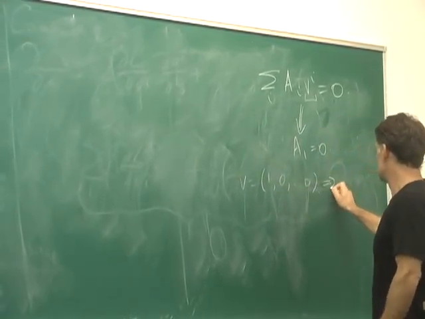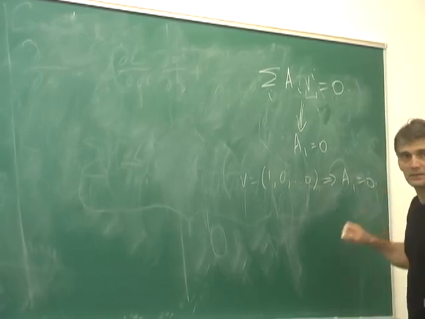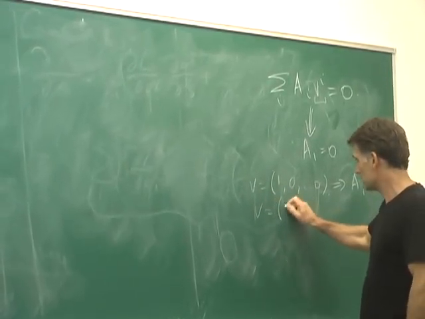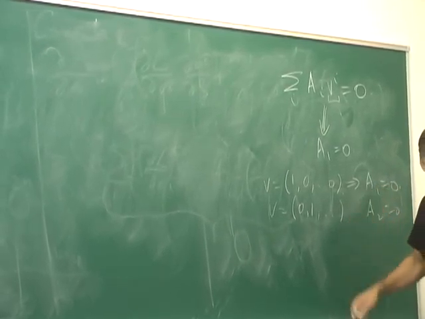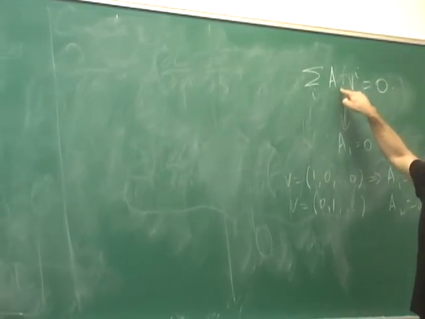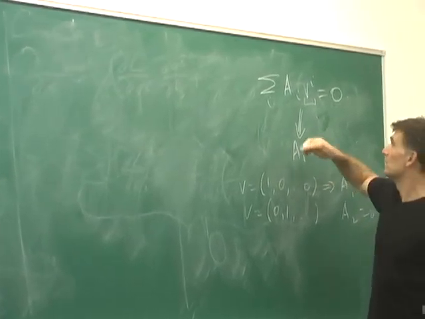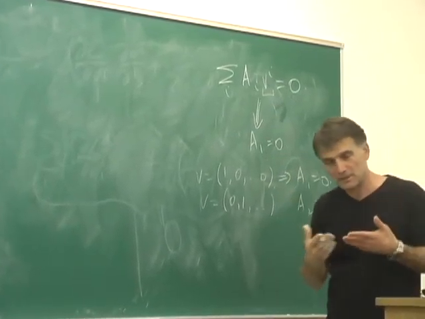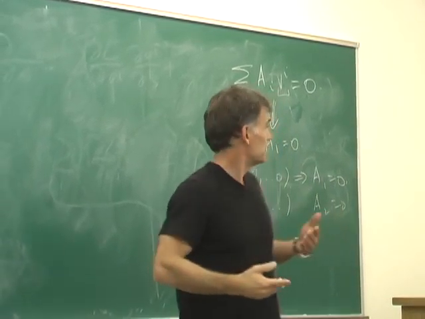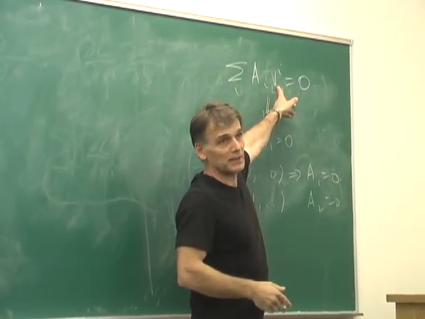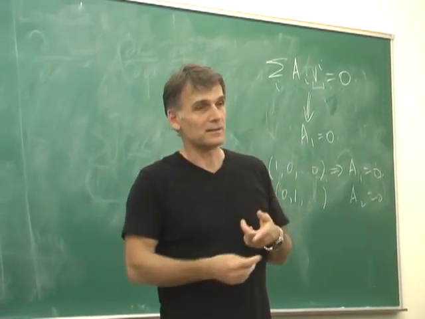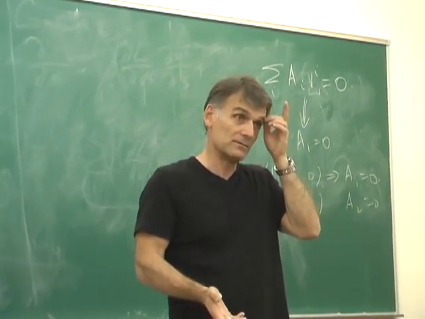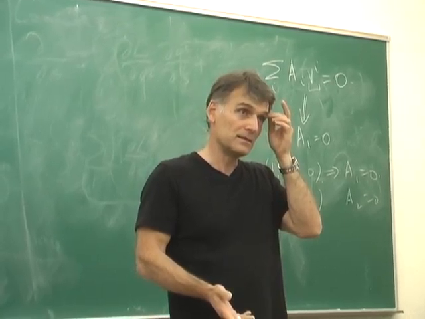That gives you A1 is equal to 0. Then you take V to be 0, 1, and so on. That gives you A2 is equal to 0, right? Because this is arbitrary, then, what does it say? It says that two vectors are orthogonal. If this should be true for arbitrary vector V, then this must be the 0 vector. There is only one vector that's orthogonal to all vectors. That's 0. Make sense? Okay.